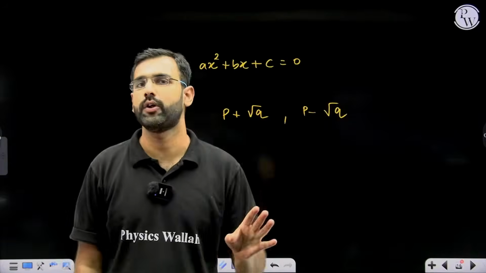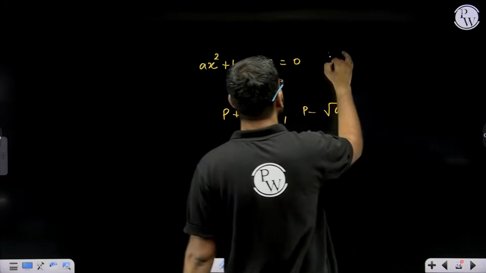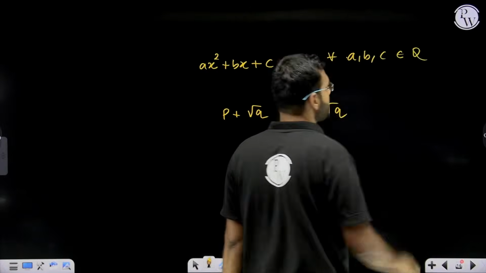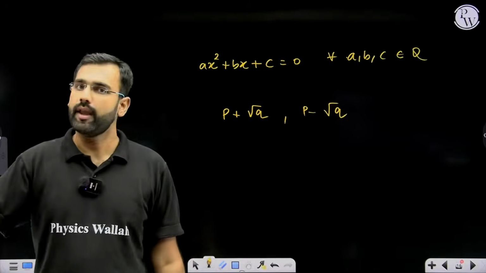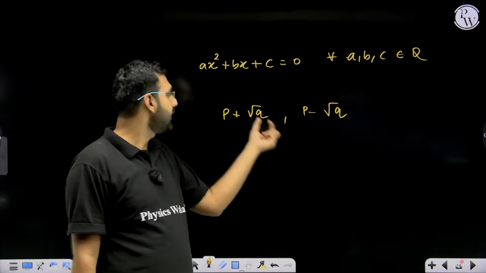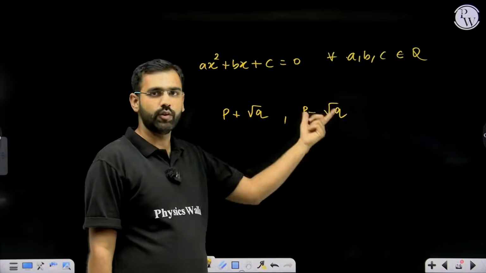No, absolutely wrong. Again wrong. This happens only when a, b, c are rational numbers. I repeat, if a, b, c are irrational, then it is not necessarily true that roots, if there are roots which are irrational, will exist in terms of conjugate pairs.